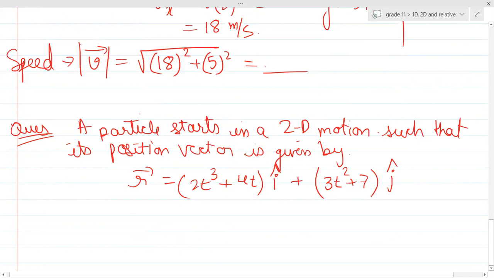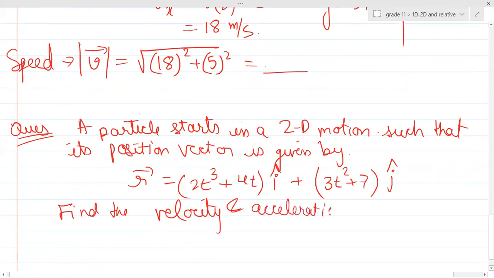Again, this particle is moving in 2 dimensions. It has i and j both. Initially, it was just i. Now it is having i and j. Now the question is, find the velocity and acceleration at t equals 1 second.